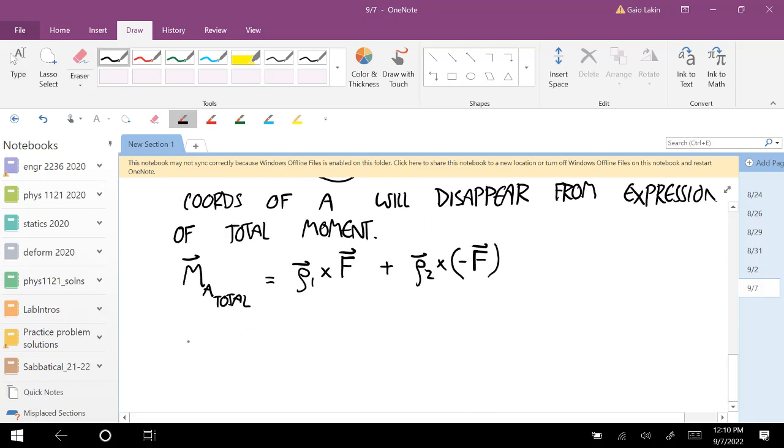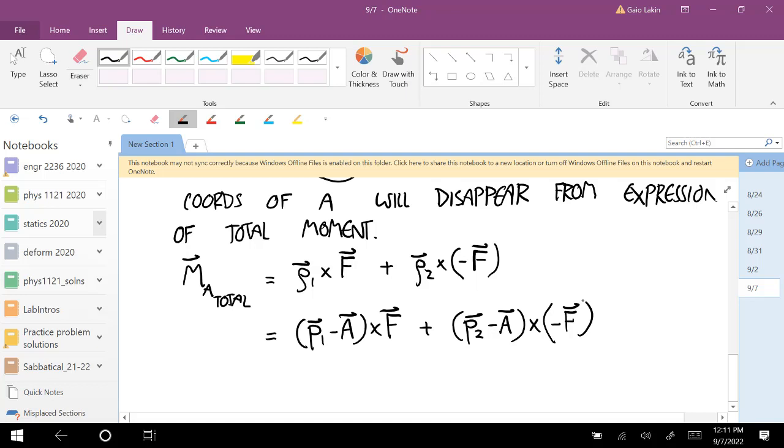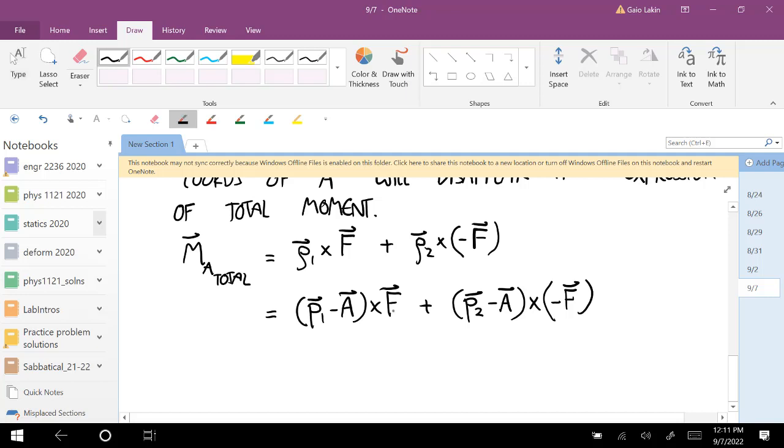So M_A total is P1 minus A, whole quantity, crossed with F. And then rho 2 is the quantity P2 minus A, and we're crossing that with negative F. And cross product is distributive.